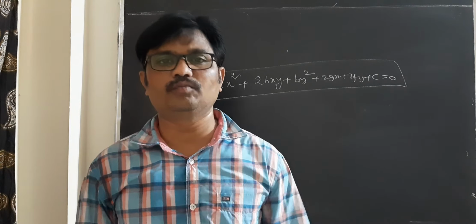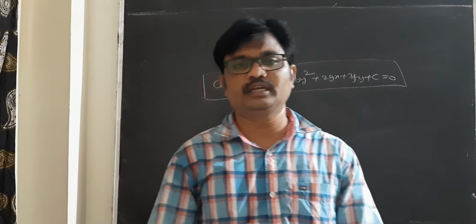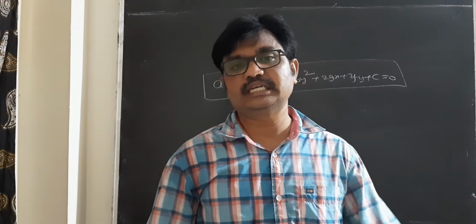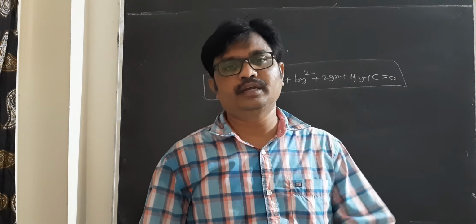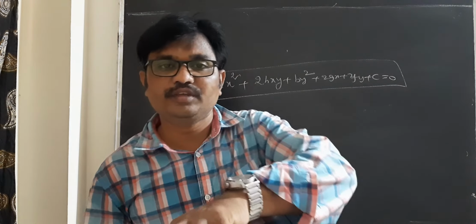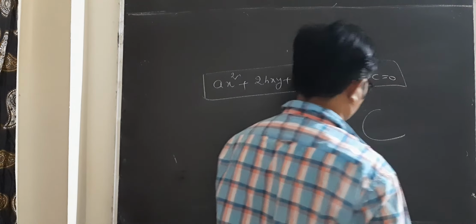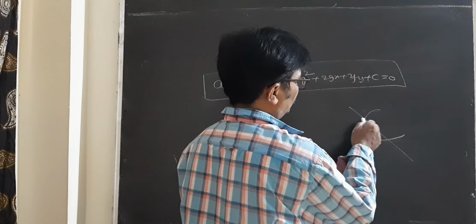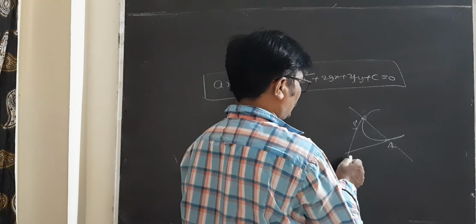After that students, one more concept is there, homogenization. Homogenization means the second degree non-homogeneous equation we can transform into the homogeneous equation with the help of the line. Suppose this is the curve, second degree equation, this is the straight line, these intersect at the points A and B which are joined from the origin.